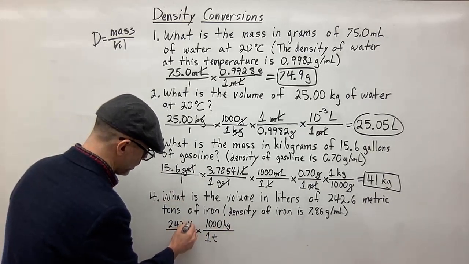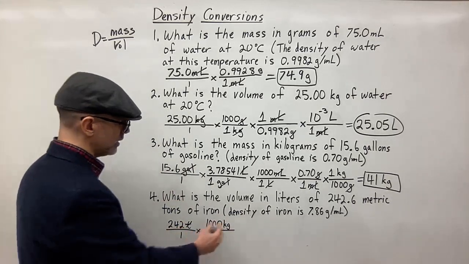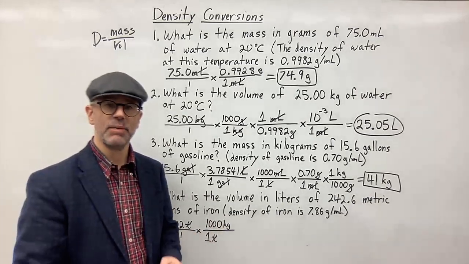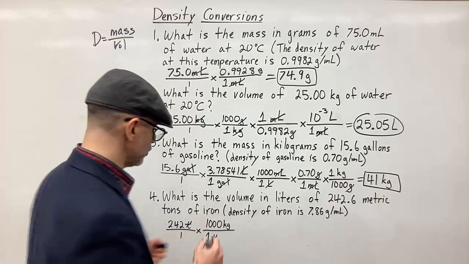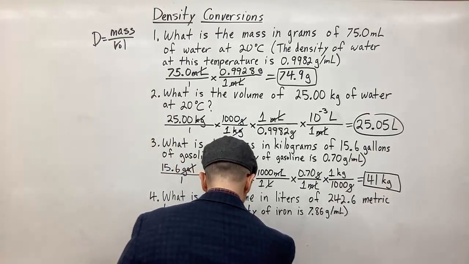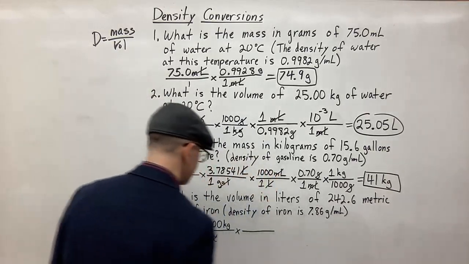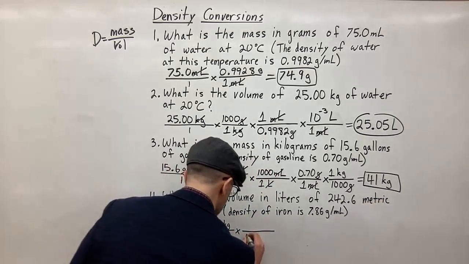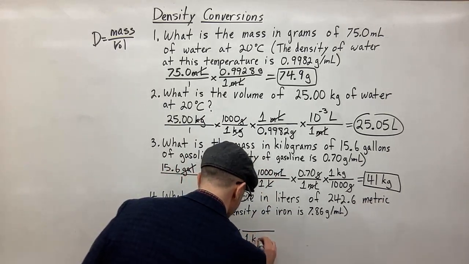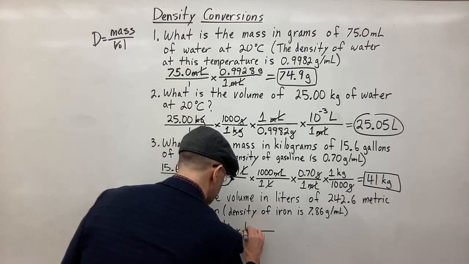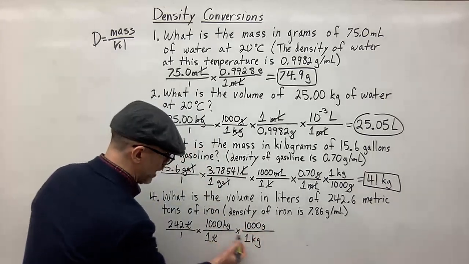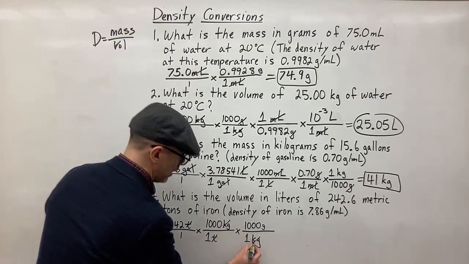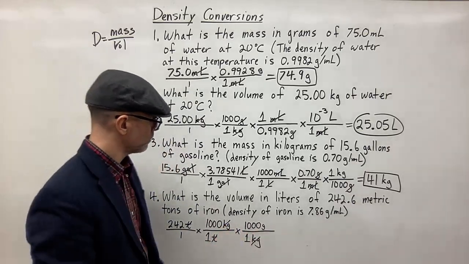So metric tons cancels out. Now I have kilograms on top. Now I can convert that to grams because 1 kilogram is 1,000 grams. So I'm going to put 1 kilogram on the bottom, and 1,000 grams on top. So now kilograms can cancel out. And now I have grams.